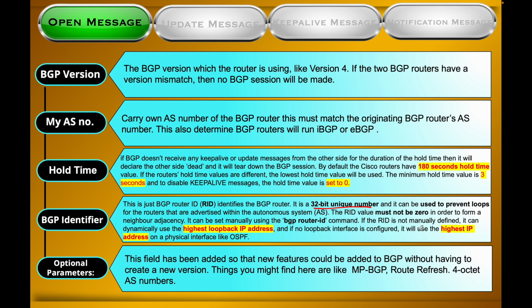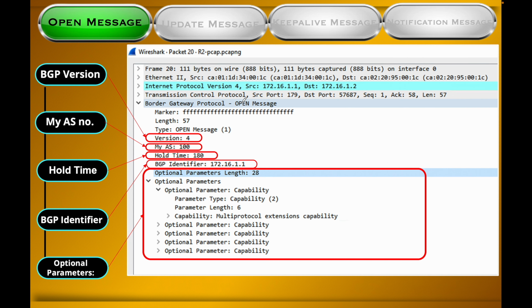Now, how do I see all these fields in the BGP open message? If you take a packet capture with any tool, it will look similar. I have captured it for you. This is the open message being sent. I have expanded it, where you can check that the BGP version is mentioned, the ASN number is mentioned, the hold timer of 180 seconds, as I told you, is also mentioned, and the BGP identifier.